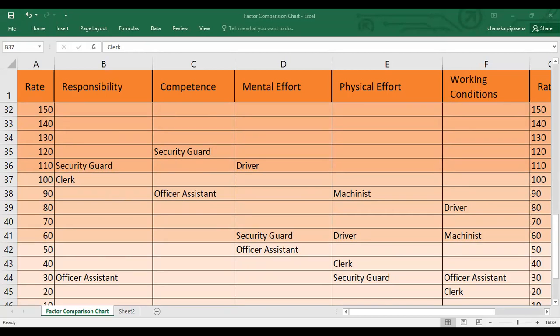And the last one, 240, that is machinist.